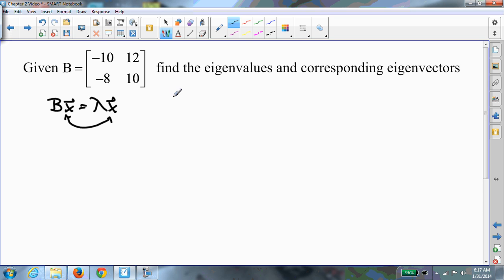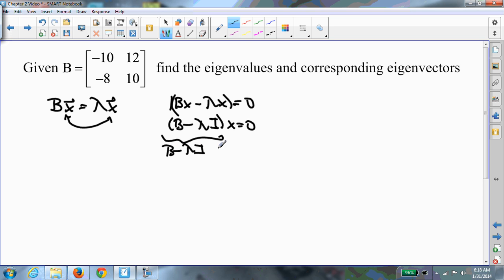To calculate this, what we did was we rewrote this as bx minus lambda x equal to 0. Factored this into b minus lambda I x equal to 0. And since we're looking for a solution that's not trivial, I want to make sure that b minus lambda I is singular, so that I have an infinite number of solutions, which means that the determinant of b minus lambda I has to equal 0.